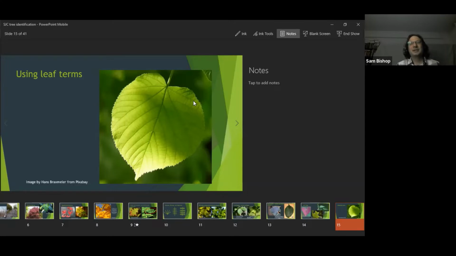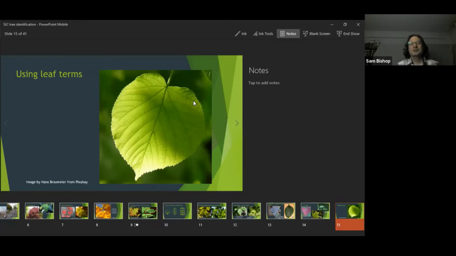So what could we say about this leaf? Now, obviously, we can't say if it's opposite or alternate because we can't see the rest of the twig, so we don't know, does it have another leaf right next door to it or not? But what can we say about this? And feel free to unmute yourselves and just jump in with suggestions. So moving on from opposite and alternate, is it simple or compound? Simple, yes, excellent.